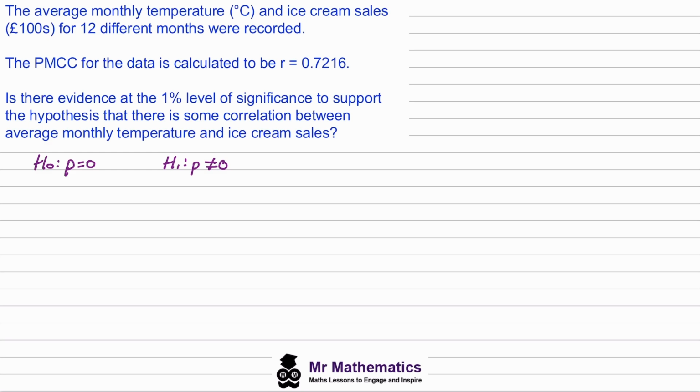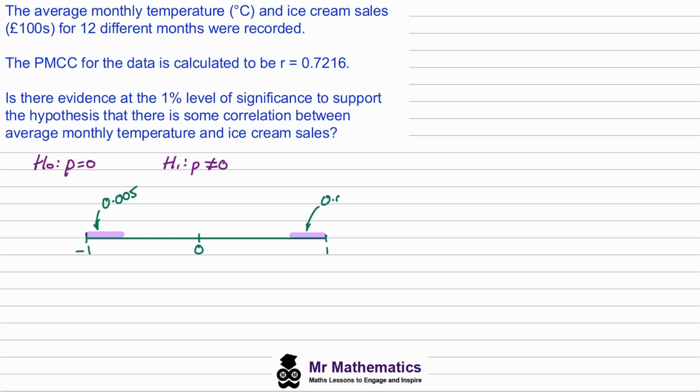So if we draw the scale, we've got 0 correlation, perfect negative, and perfect positive. And the critical regions will be on this side and on this side. And because we've got a significance level of 1%, we need to halve this, so each of them has a probability of 0.005.